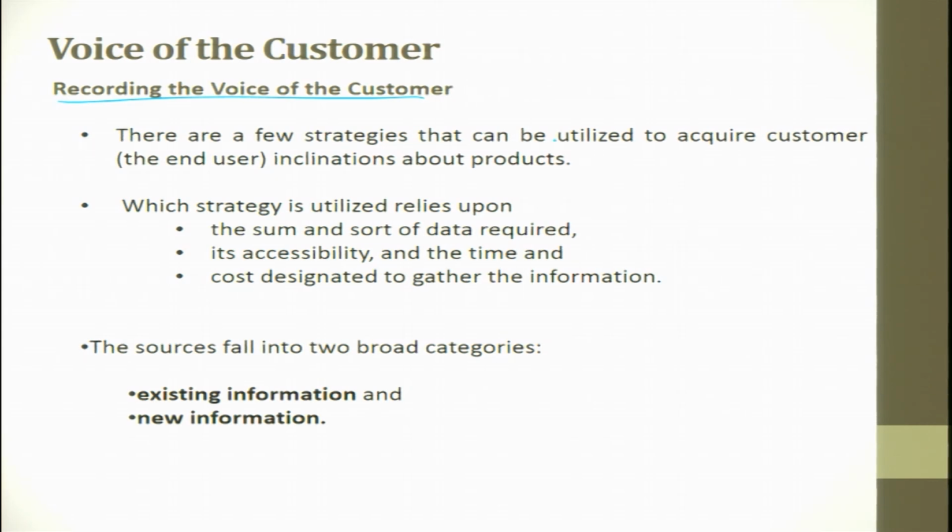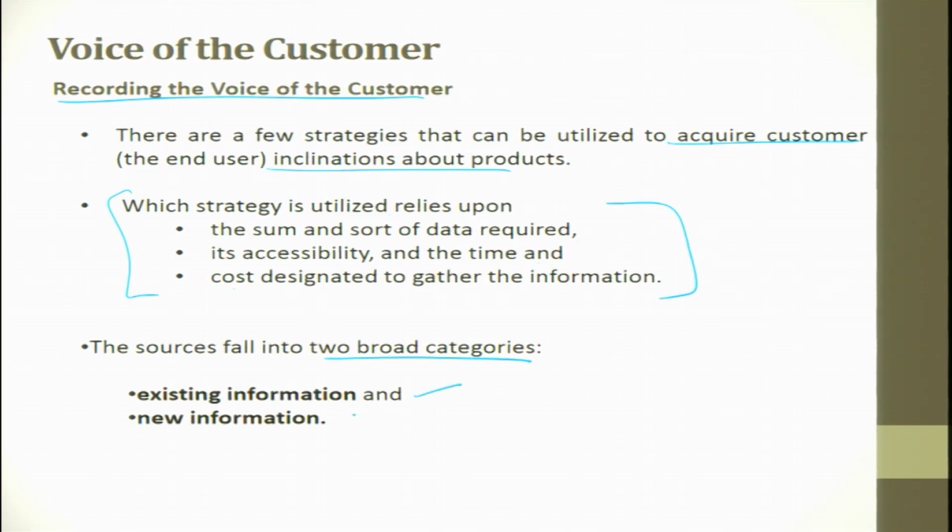There are a few strategies that can be utilized to acquire customer inclination about the product. Which strategy is used depends upon the sum and sort of data required, its accessibility, and the time and cost designated to gather the information. These are the strategies which a company chooses, and they broadly fall into two categories.